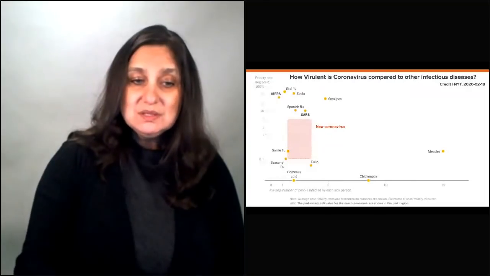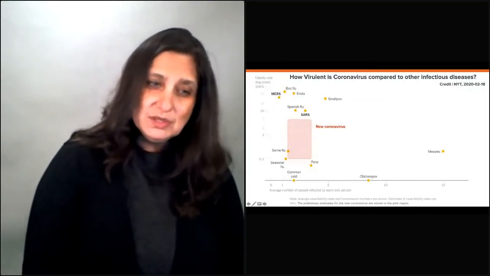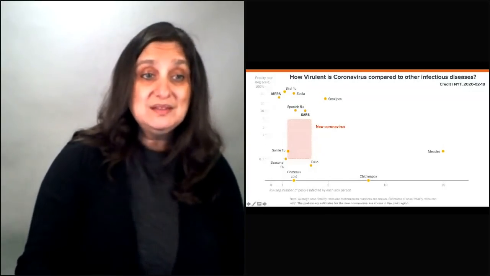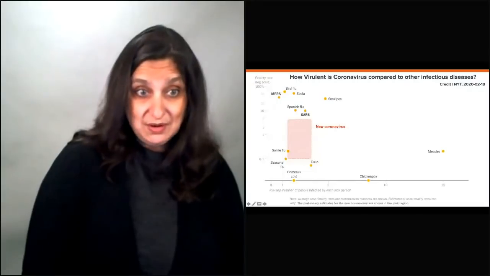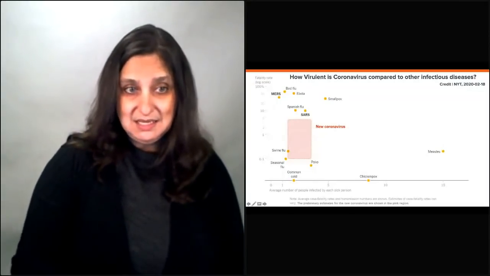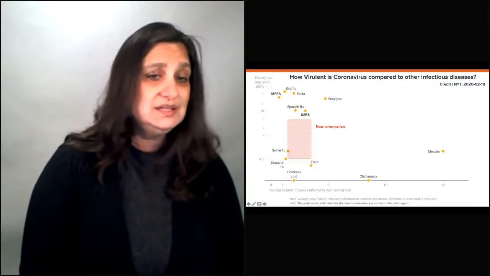But as you begin to move up this axis, you'll find that things like the seasonal flu are a little more likely to kill you. And things like MERS that we've had in the past, the Middle Eastern respiratory virus, the Spanish flu, the pandemic from 1918, smallpox, Ebola, those things are very, very likely to kill you.